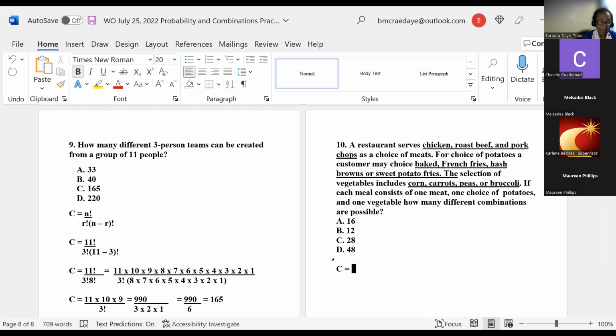How many meats? 3. How many potatoes? 4. How many veggies? 4. And what's that total? 48. That's it.